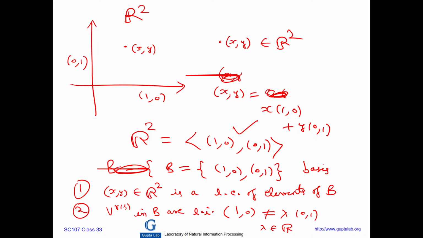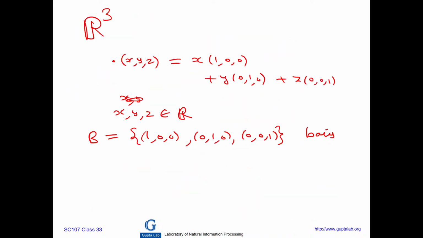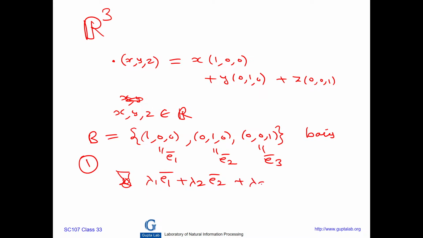Now in case of R cube, first of all, are these vectors linearly independent? We call them unit vectors, and I will denote them E1, E2, E3. Can I find lambda 1 E1 plus lambda 2 E2 plus lambda 3 E3 equal to 0?